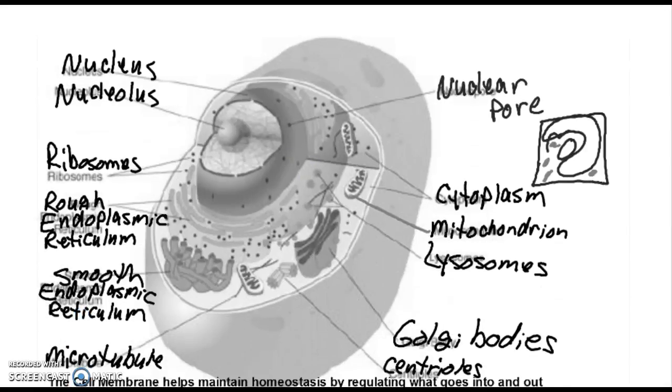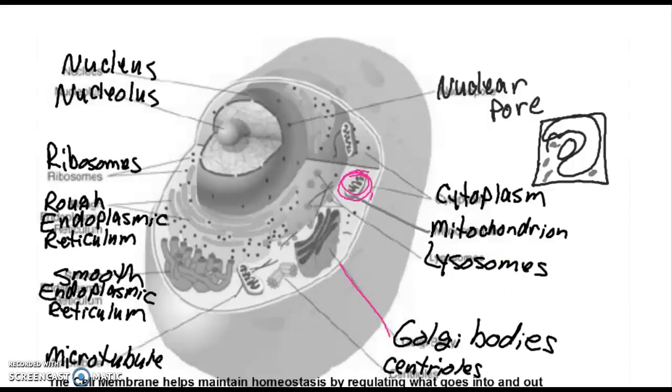Cytoplasm is the gel. Mitochondria is this very specific structure that has those cristae folds on the inside. Mitochondria is for making ATP. Lysosomes are for digesting things. They contain digestive enzymes.